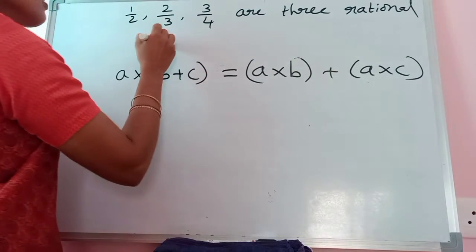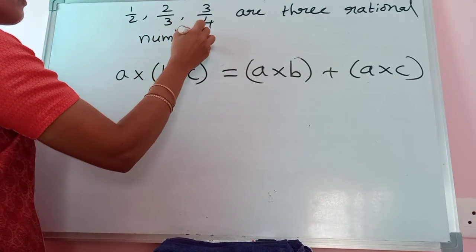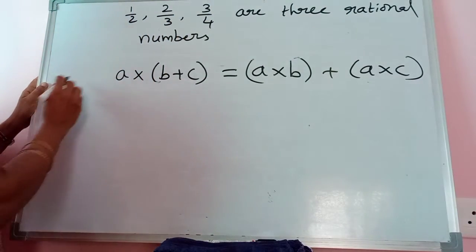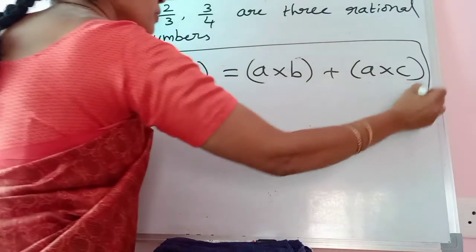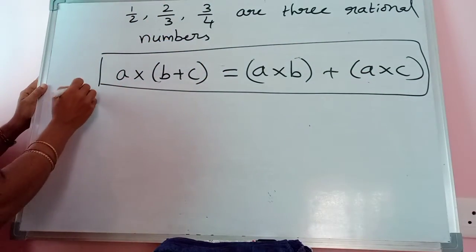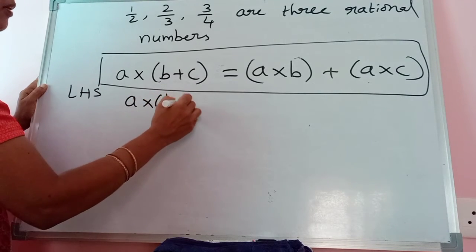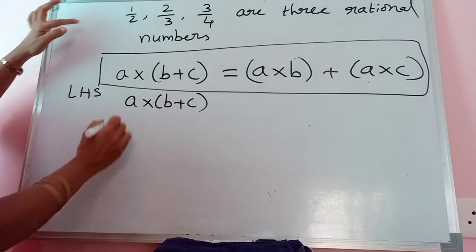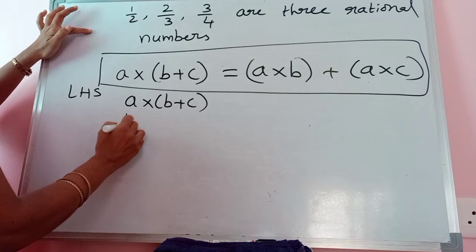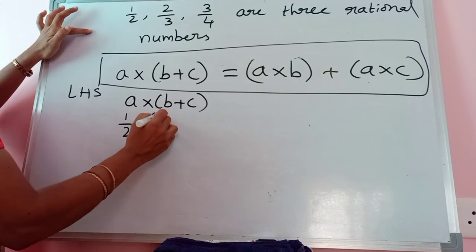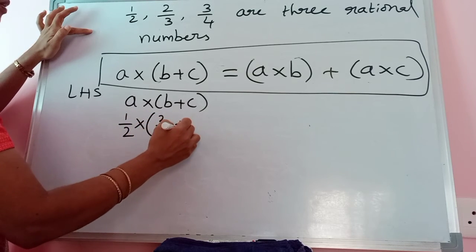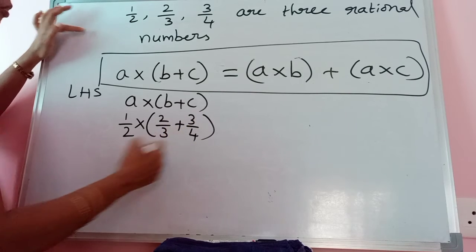Now I am checking the left hand side. Left hand side is A into B plus C. Here A is 1 by 2 into 2 by 3 plus 3 by 4.